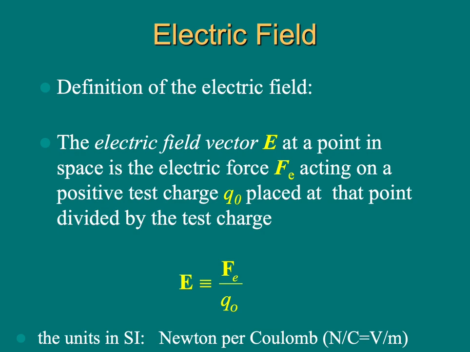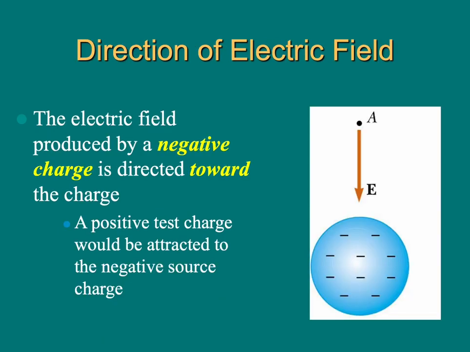But this is a little bit subtle. Please remember, we see electric field has the same direction as the electric force on test charge only for positive testing charge. If we have a negative charge, it will create electric field directed toward the negative charge.